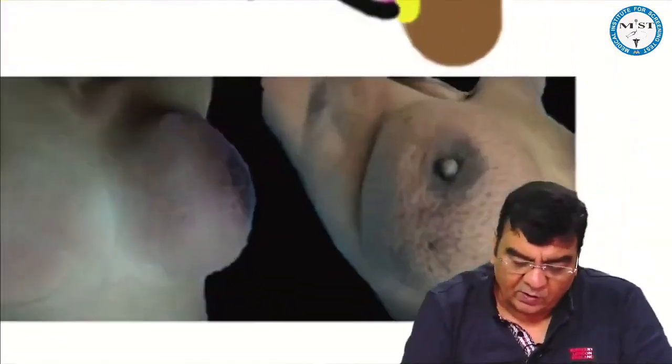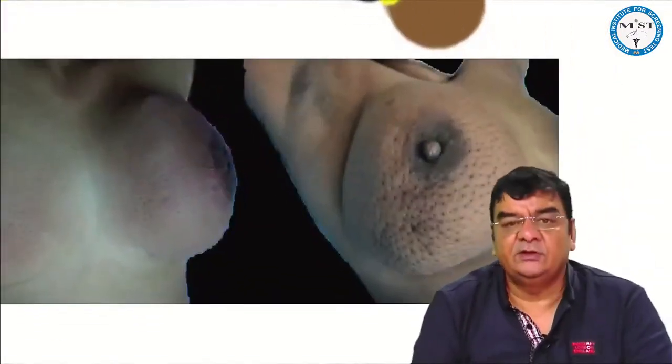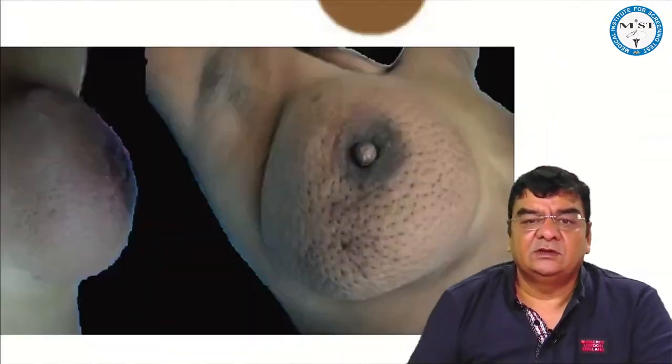Now in peau d'orange, basically the cancer cells block the superficial subdermal lymphatics of the skin, giving this orange peel appearance. That means cancer has gone into the skin, so it is T4B. If this is associated with redness also, then it becomes inflammatory cancer, that is T4D.